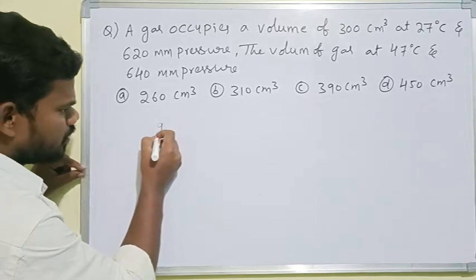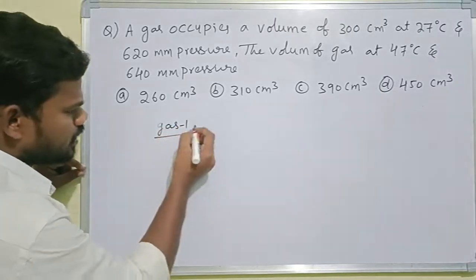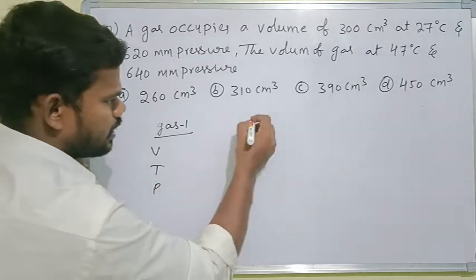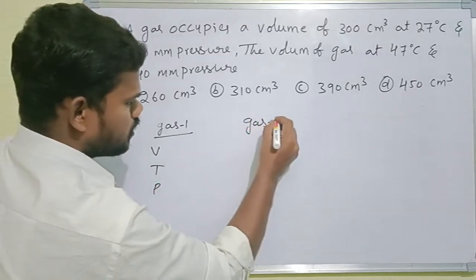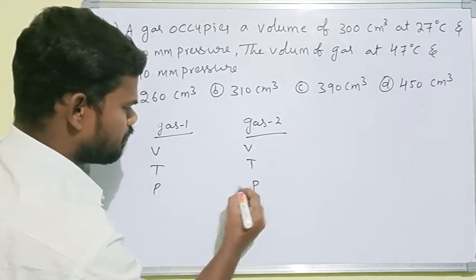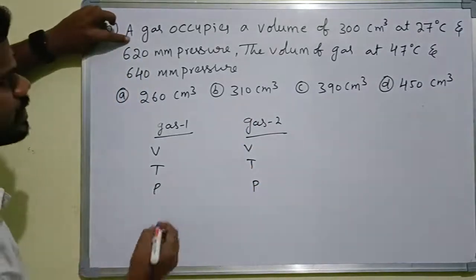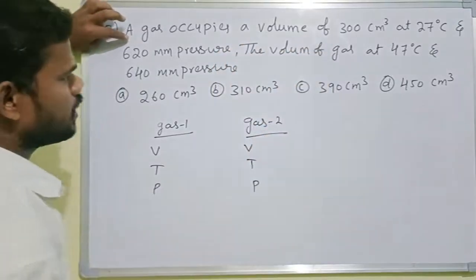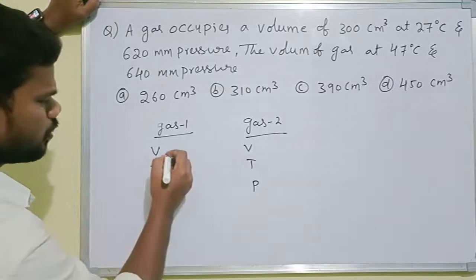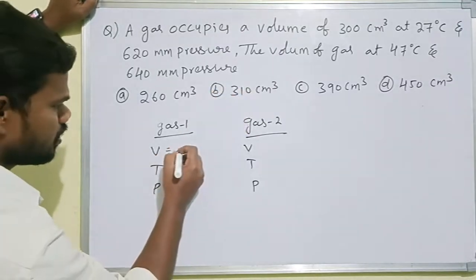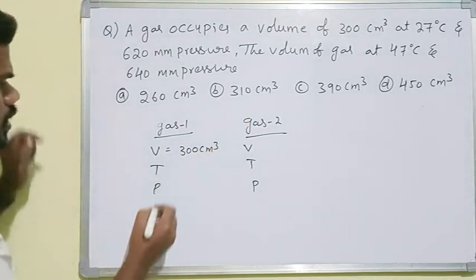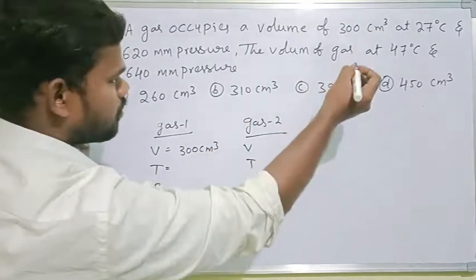Gas 1 occupies that volume, temperature and pressure, then gas 2 occupies its own volume, temperature and pressure. First, gas 1 occupies 300 centimeter cubed of volume.